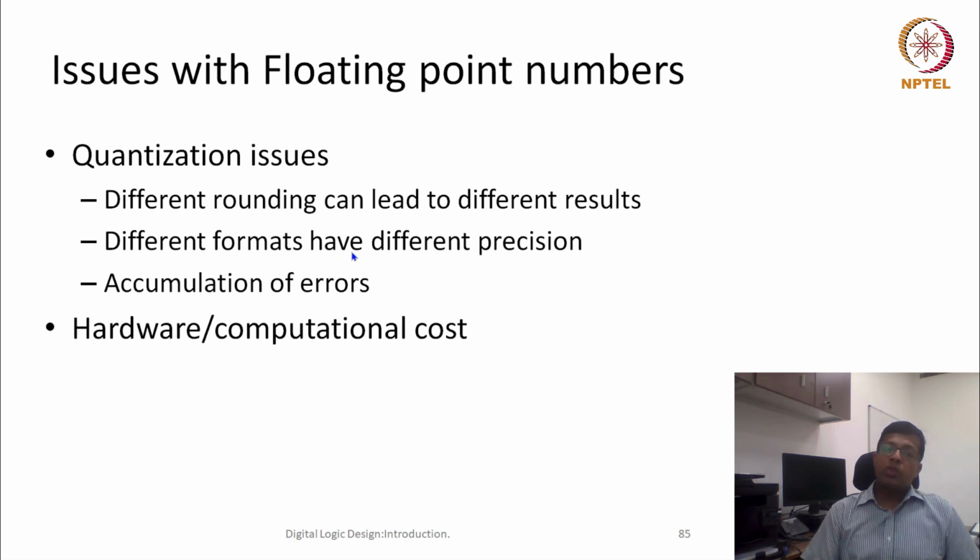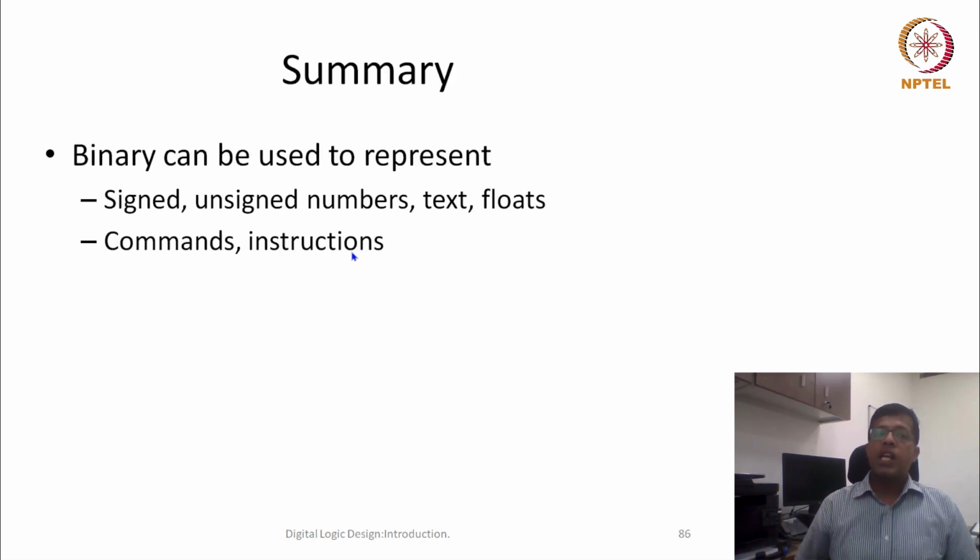So as a summary of this module, what do we summarize? We can say that a binary number, although it is only a collection of zeros and ones, the same collection of zeros and ones can be used to represent a signed number or an unsigned number. And in a signed number, there could be various possibilities.